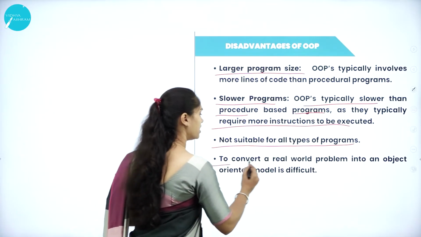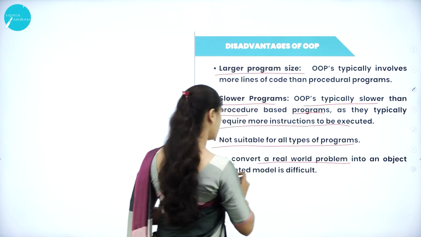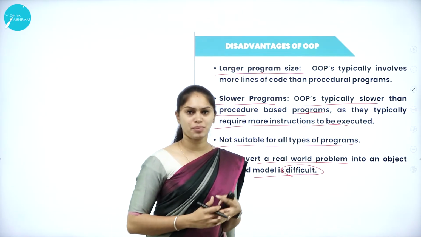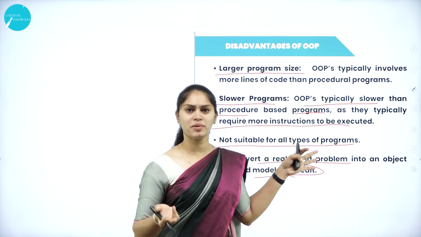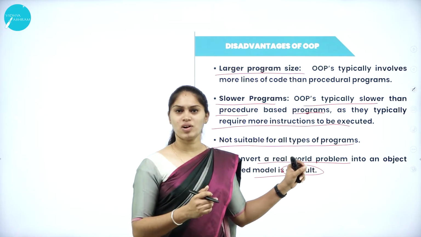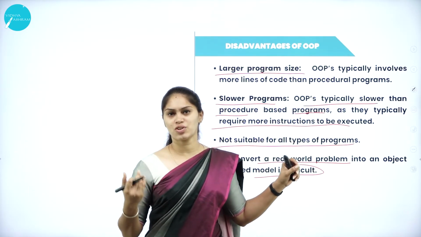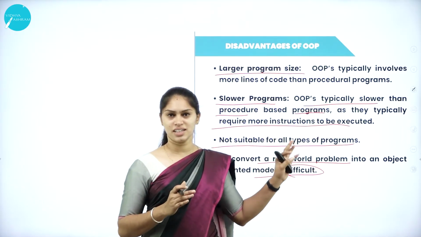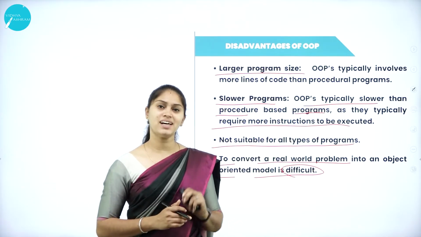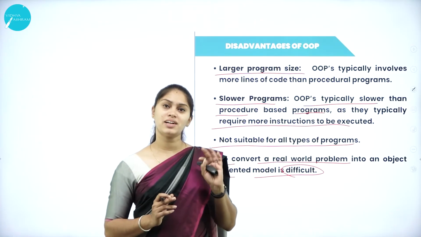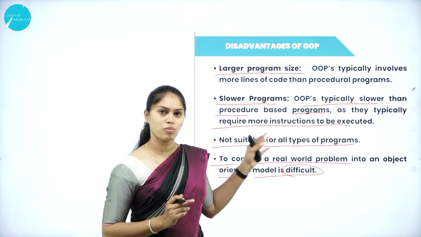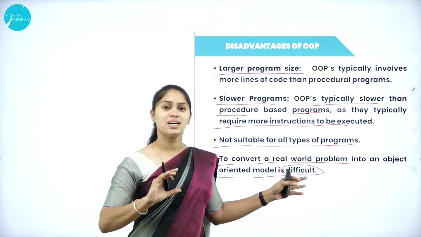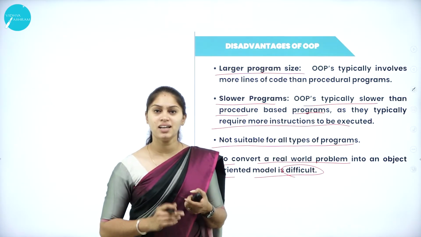To convert a real-world problem into an object-oriented model is difficult. So we came up with a new concept called OOP. Why did we come up with it? Because of the disadvantages of structured programming, which made it difficult to implement real-world applications. Object-oriented programming solves many of those things, though somehow it is still difficult.